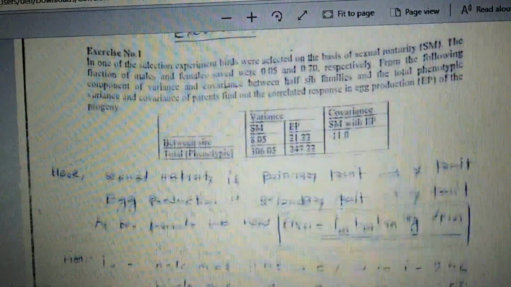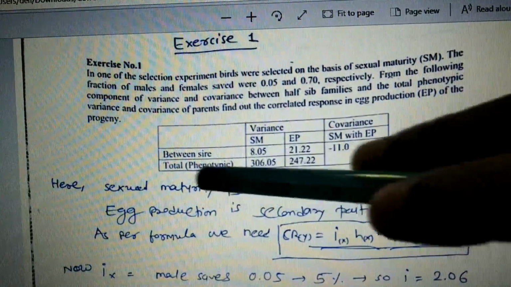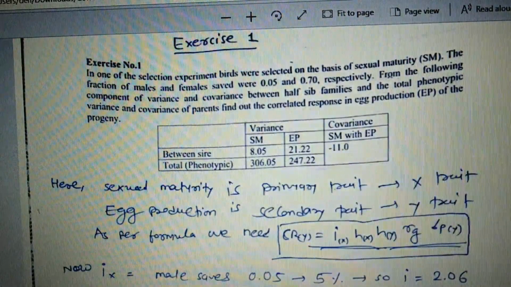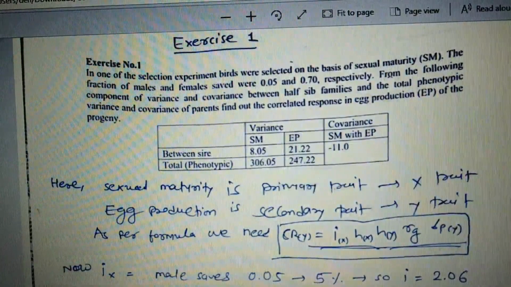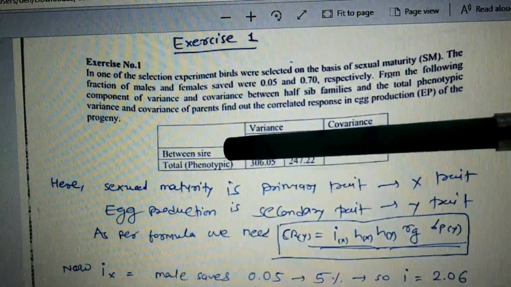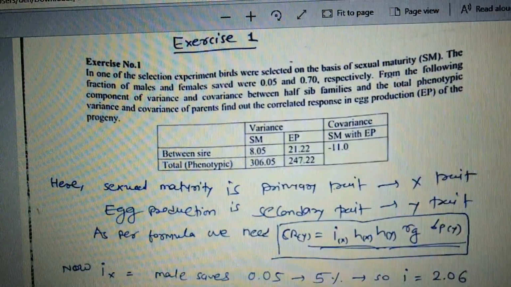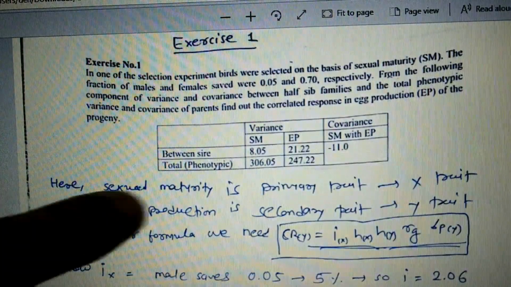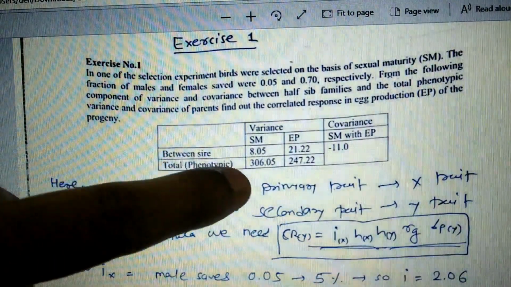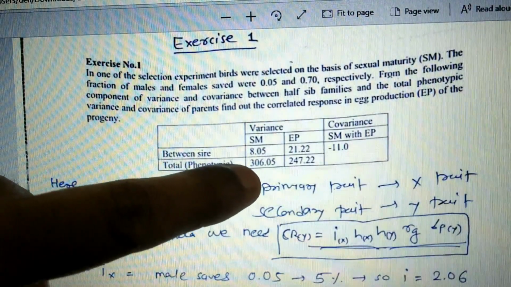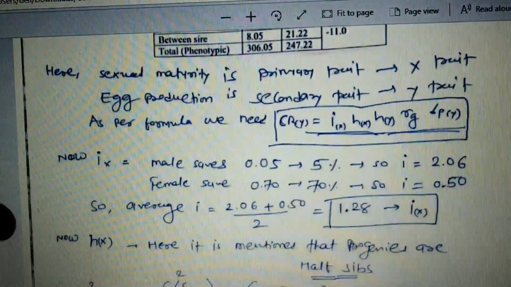This is the between-sire component, variance S, and the total is available. Variance W is not available, but the total phenotypic variance is available. If we subtract the between-sire component of variance from the total phenotypic variance, we will get the variance W.